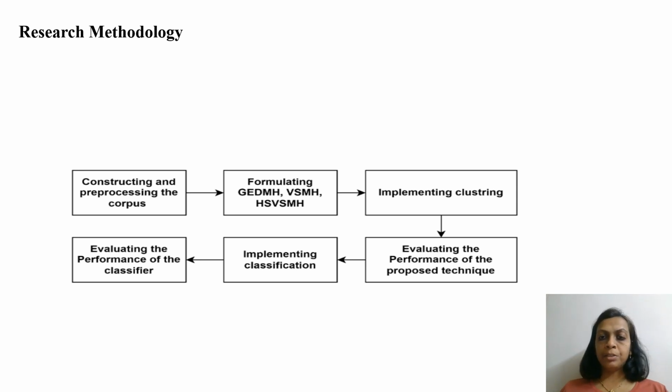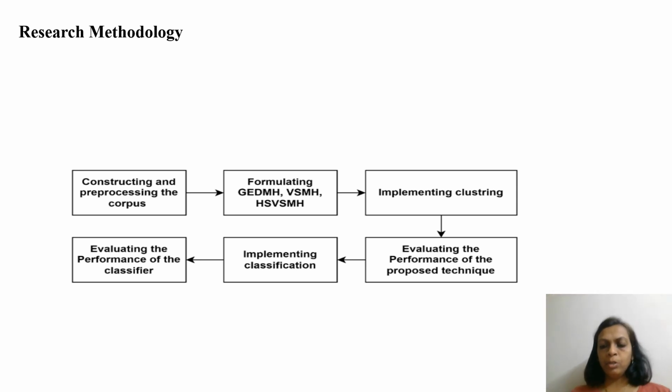After formulating these three types of matrices, we implement clustering on them, and then we compare the evaluation within the proposed techniques as well as with the existing techniques. Then we get the cluster names assigned to each document group, and every document gets its corresponding group, and then we can implement a classifier to get the exact class of a new document. So here you can see our research methodology.